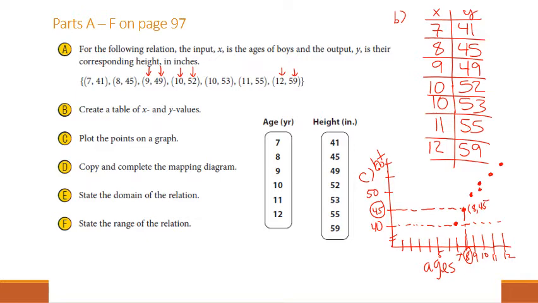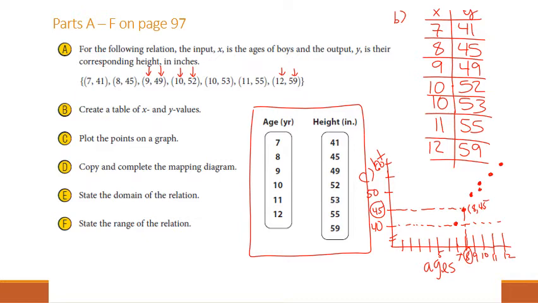All right. D says copy and complete the mapping diagram. They give us the mapping diagram. It is right here. I'm not going to copy that again. And you don't have to either. But what I want to do is draw an arrow that connects the input in the age set with its corresponding output in the output set.